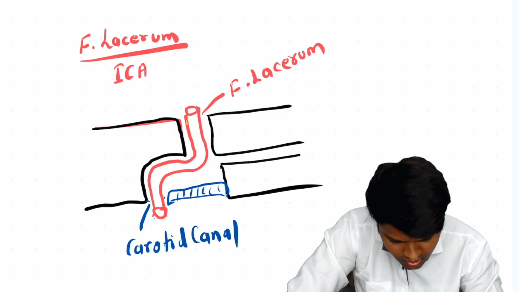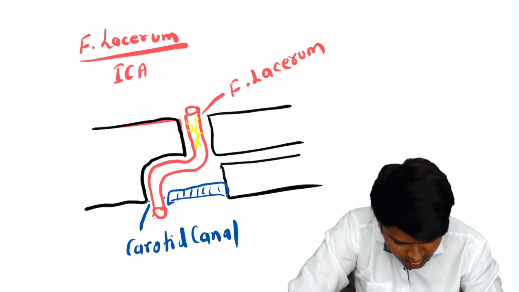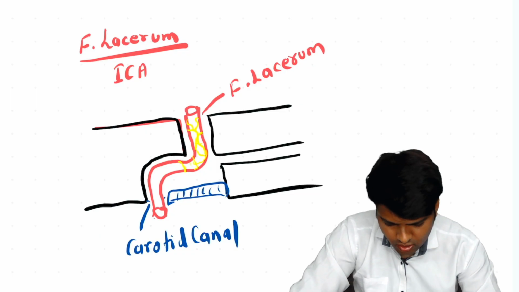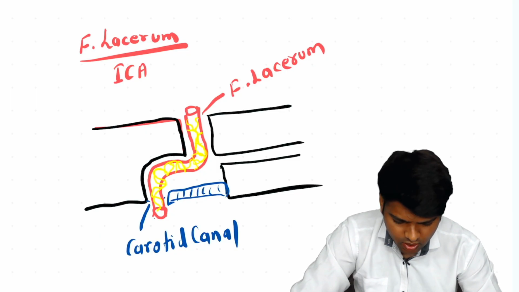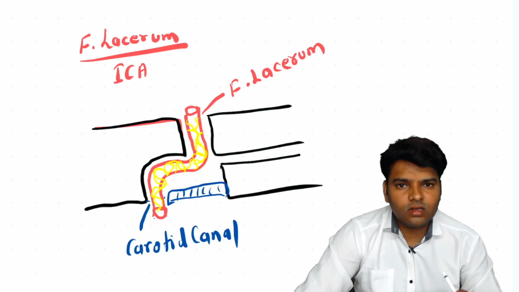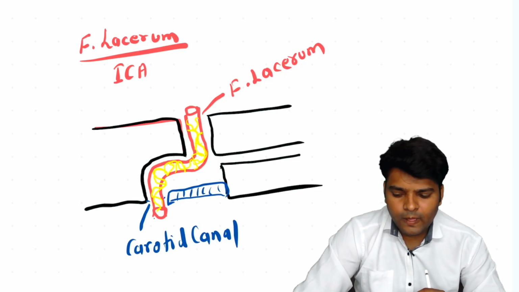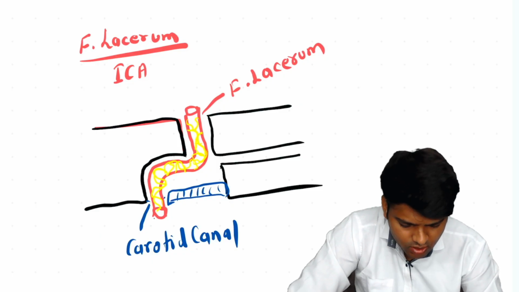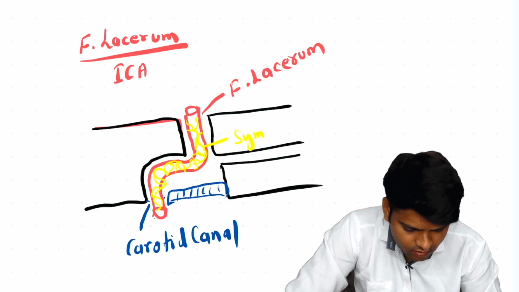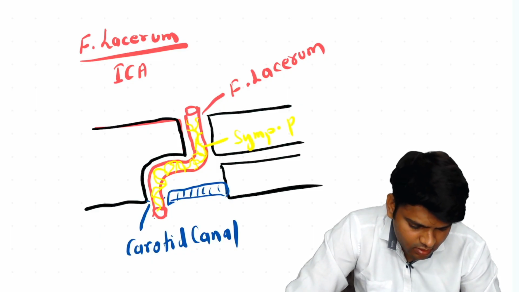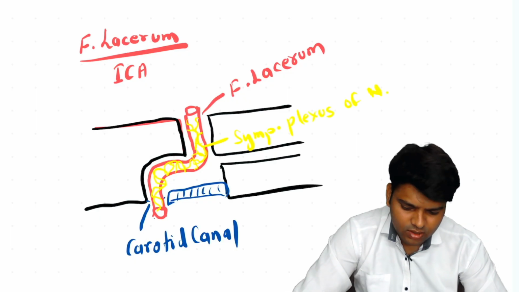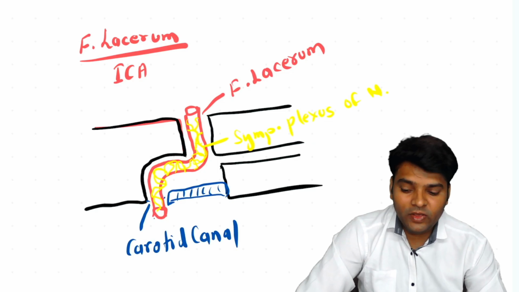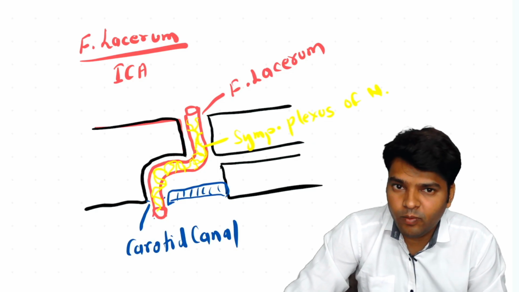Here you will see a nerve plexus around this whole area, which is called the sympathetic plexus of nerve. From here begins the deep petrosal nerve.